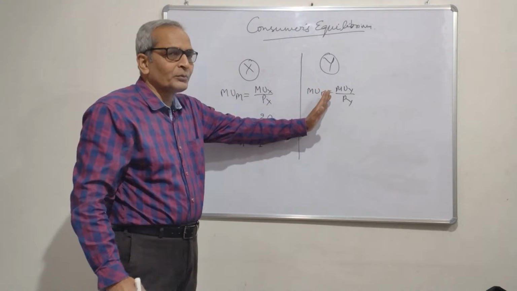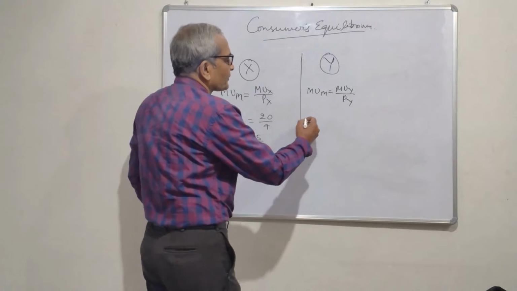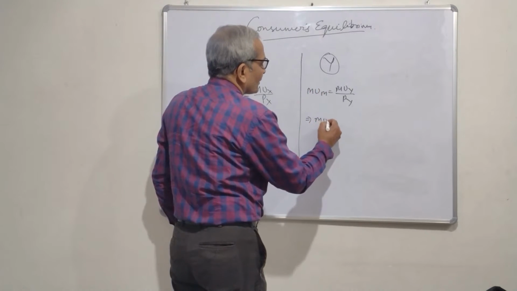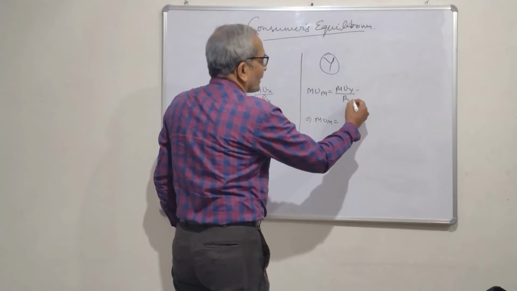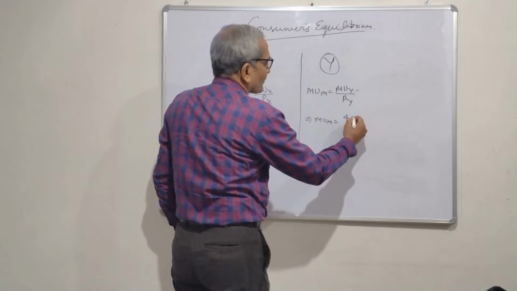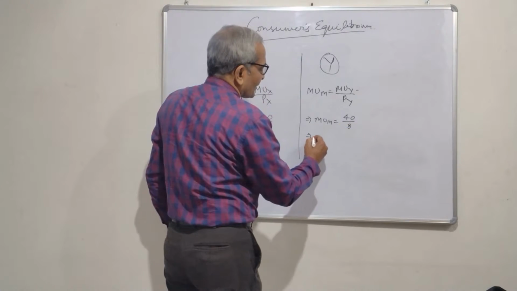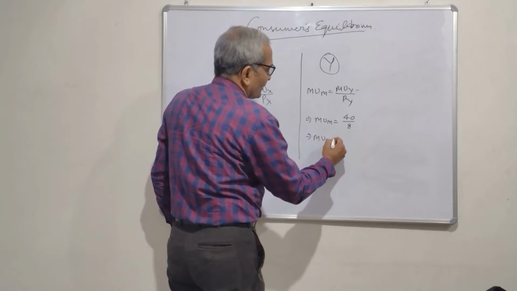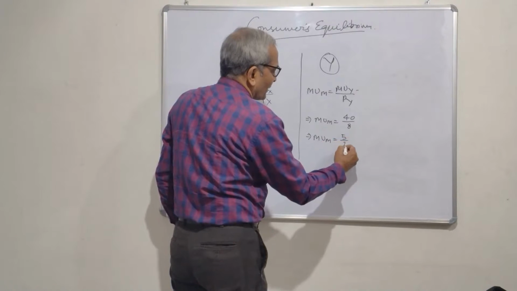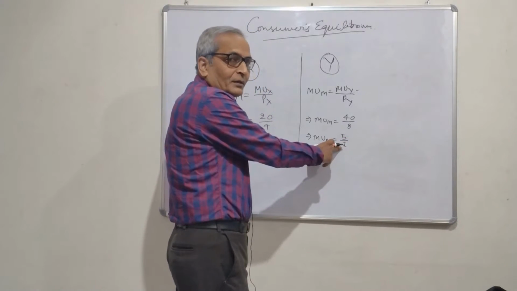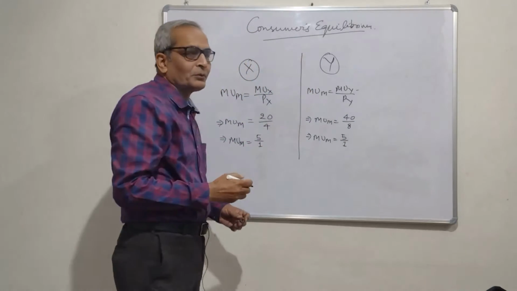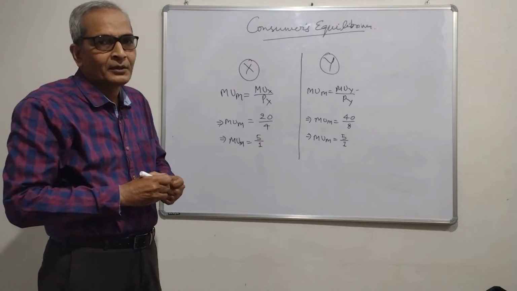Now, let us move to this side. Let MUY be 40 and price of Y be 8. In this case, MUM will be 5 by 1. Again, rupee 1 is giving us 5 utils of marginal utility.